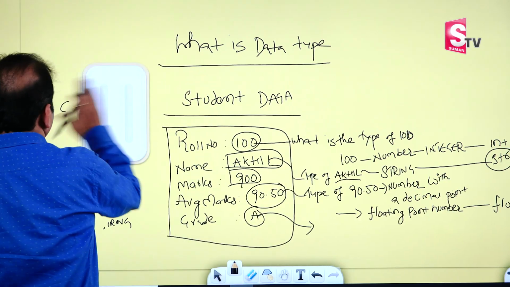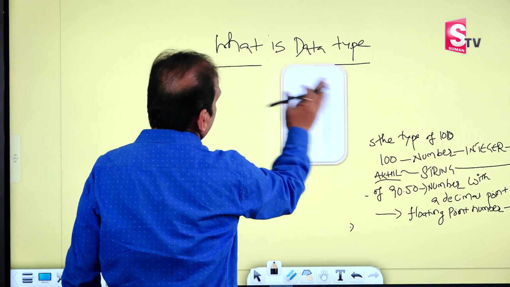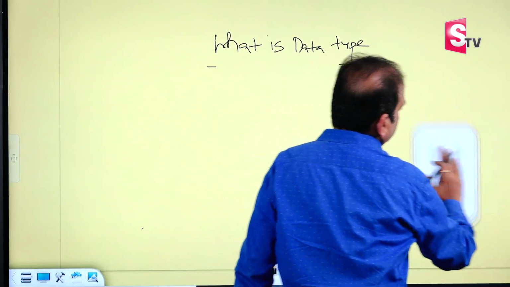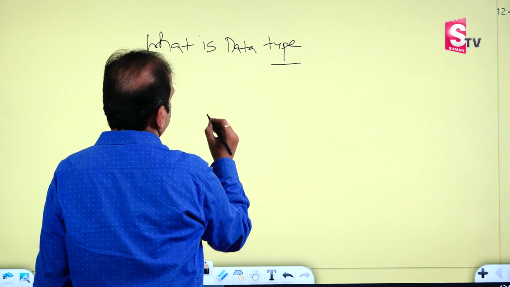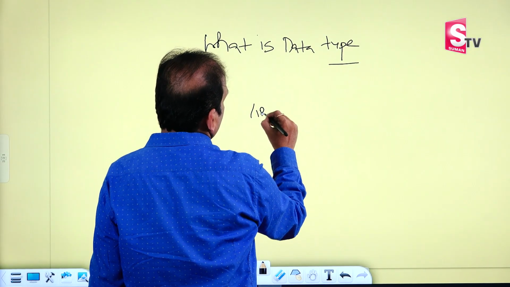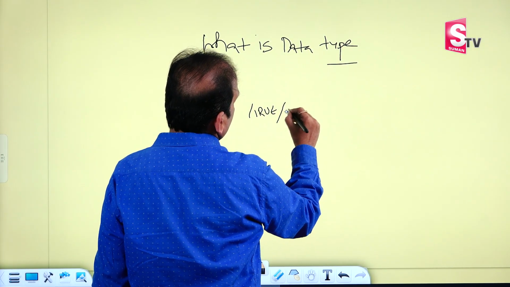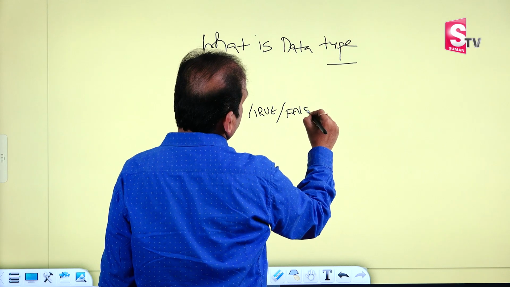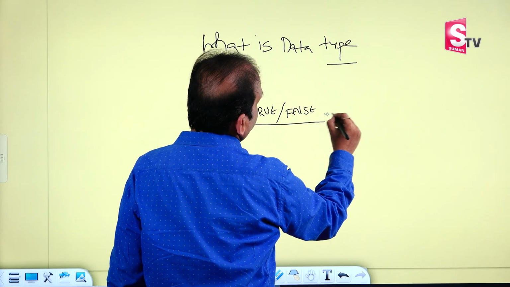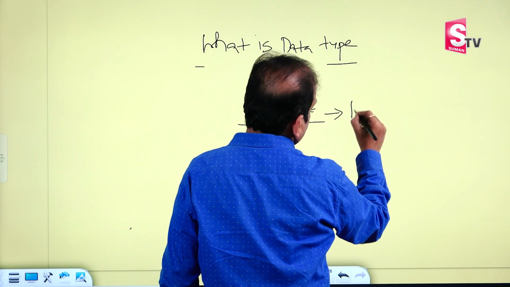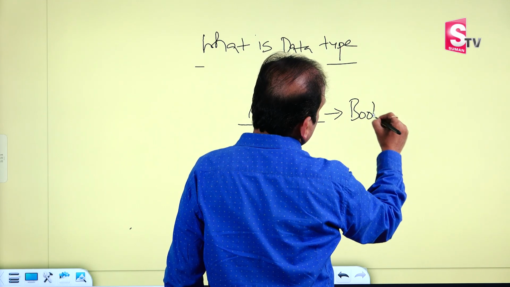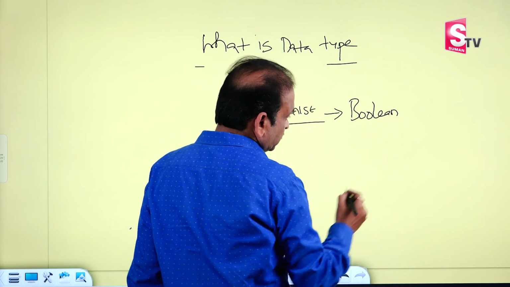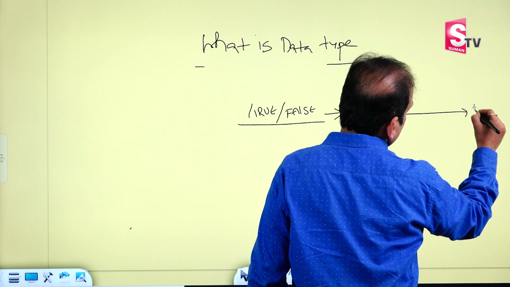And in computers, there is one data called true or false. Either true or false. This information is stored in a data type called Boolean. And in Python, in short we say bool.